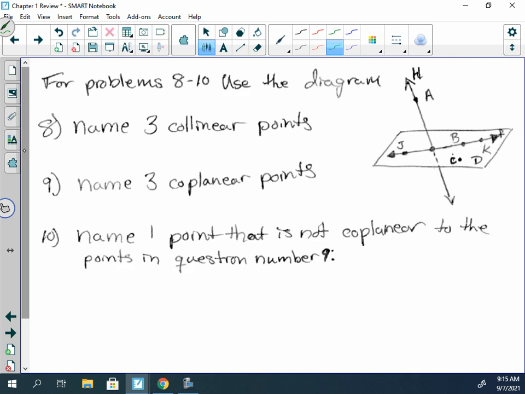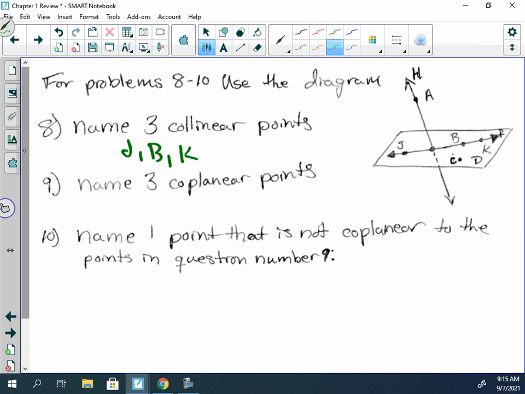We need 3 points that are on the same line, so we could say J, B, K. Now we can't use line H's points because point A is the only point on there, and the point where it intersects the plane is not listed. Any other questions on 8? Any questions on 9 or 10?